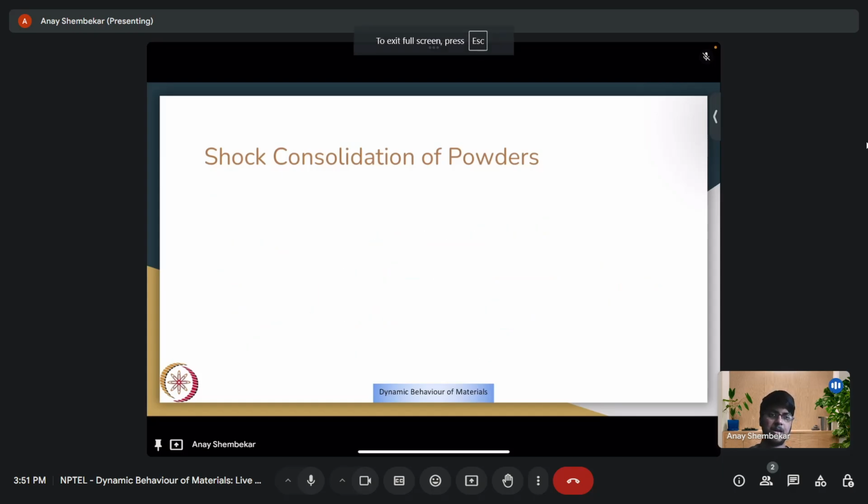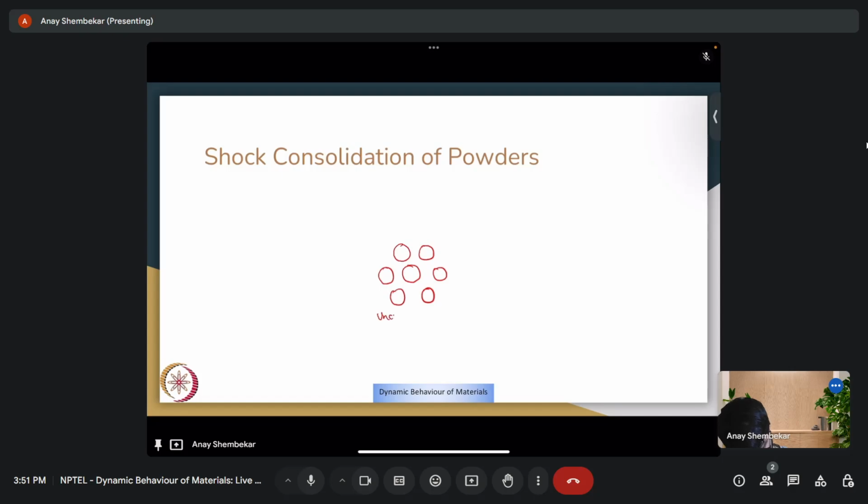So, from a particle point of view, if you have an uncompacted powder to begin with, you could have this microkinetic energy, wherein all the particles start filling the voids.